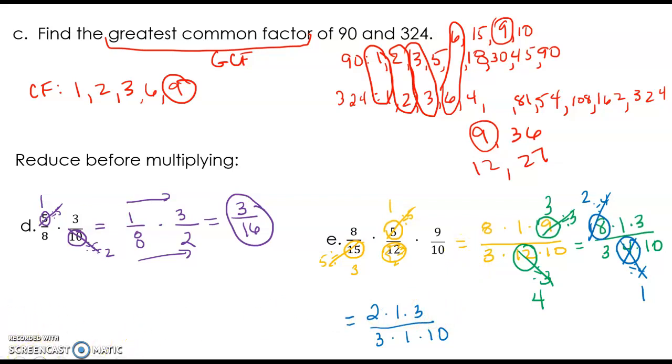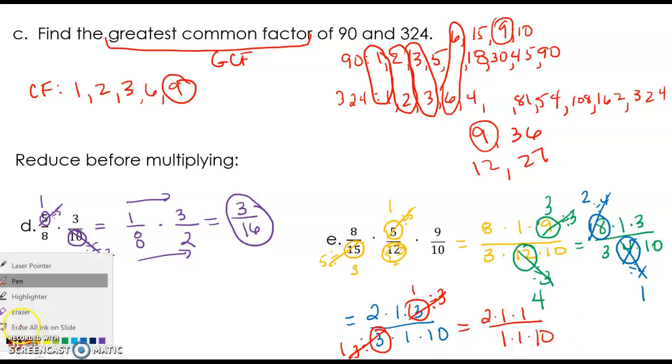We can keep going here. Okay, I'll use red. Let's do 3 and 3 because we are actually going to get rid of those. If I divide this by 3, I get 1, and if I divide this by 3, I get 1. So we'll rewrite that: 2 times 1 times 1 over 1 times 1 times 10.